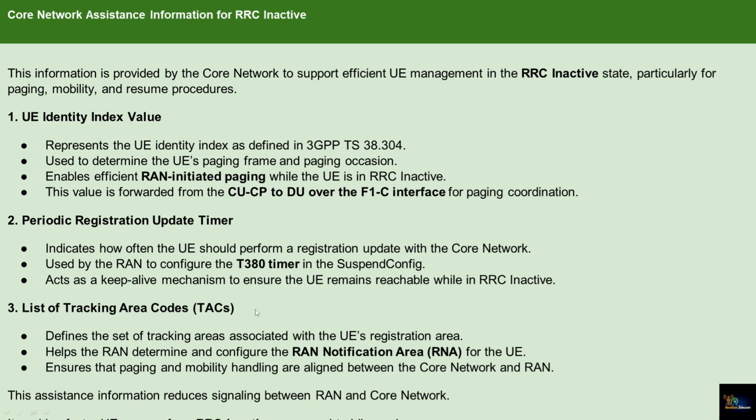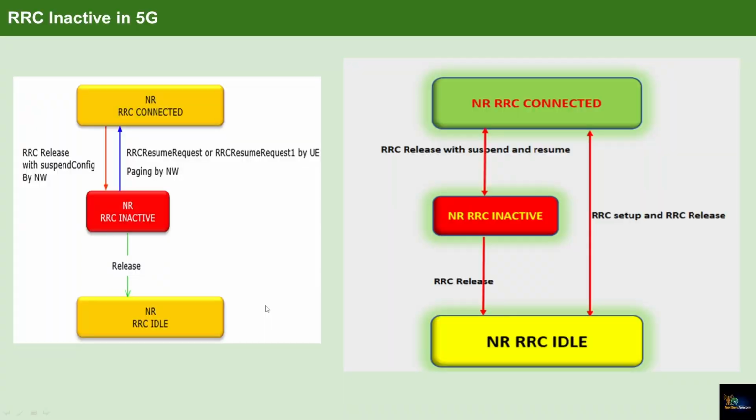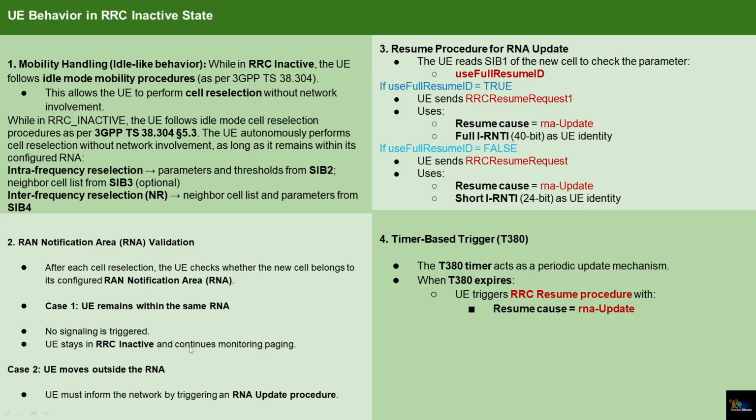Now, for the mobility handling we already discussed. If we use intra-frequency reselection, SIB2 and SIB3 are required; if we use inter-frequency reselection, SIB4 is required for the neighbor cell list and parameters.